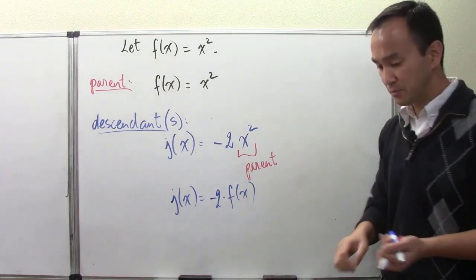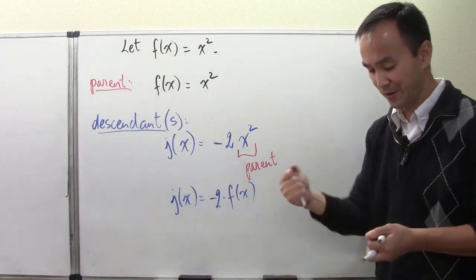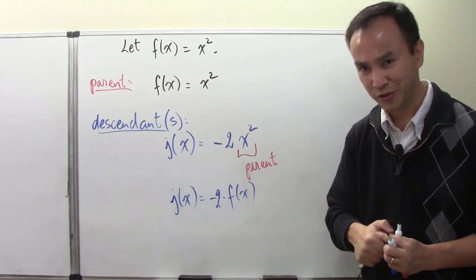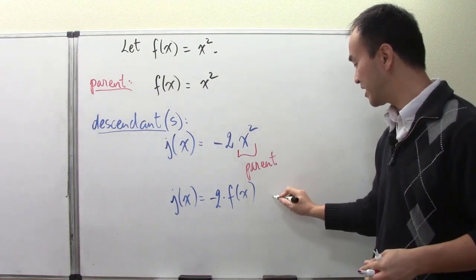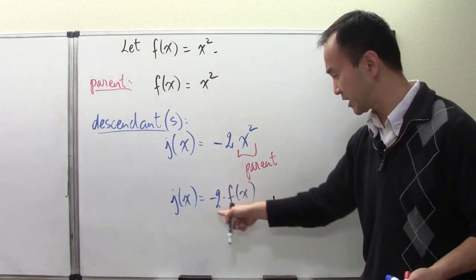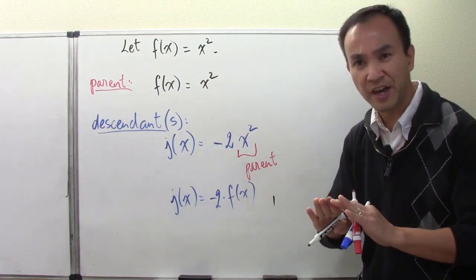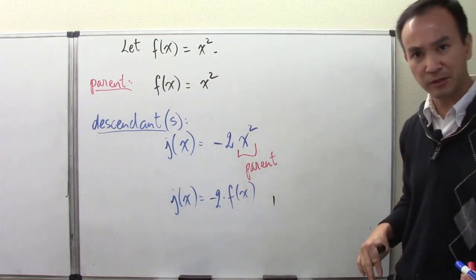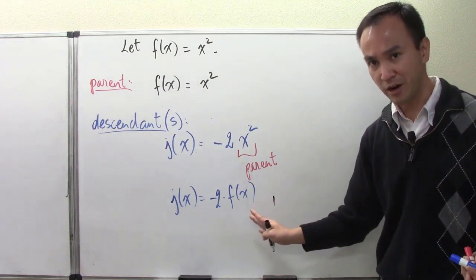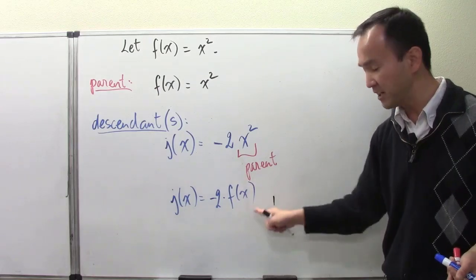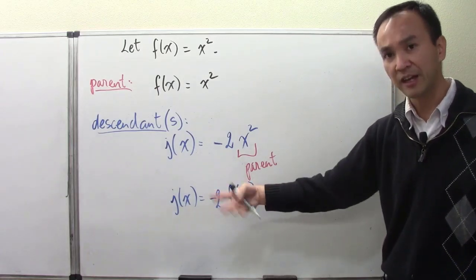So now let me put in my own observation for you to pay attention to. I see that this coefficient is in a very similar situation to the earlier siblings. This is the third sibling I brought up, but they're all about the parent function multiplied with a coefficient.